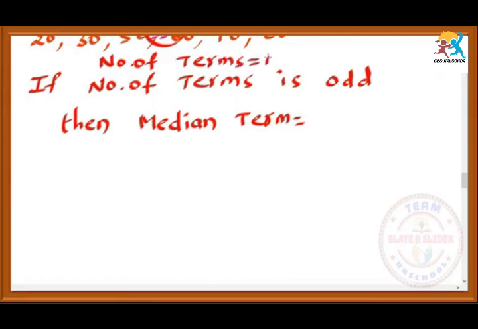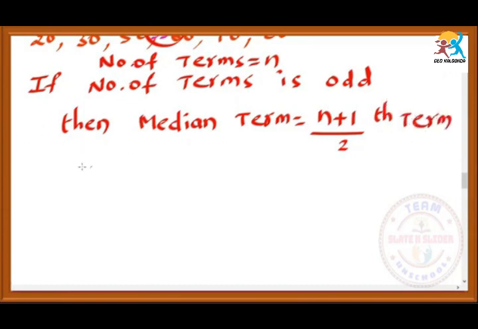Number of terms is equal to, I am supposing, n. So if that n is an odd number, then the median term will be, we can't make the odd number half, that's why we have to add 1 by 2. The (n plus 1) by 2 term. This is the median term.